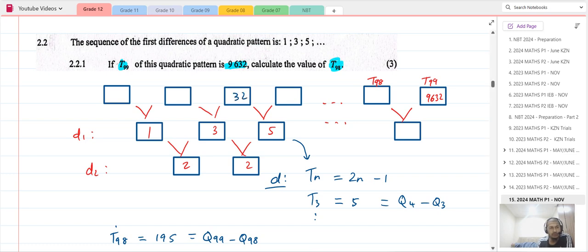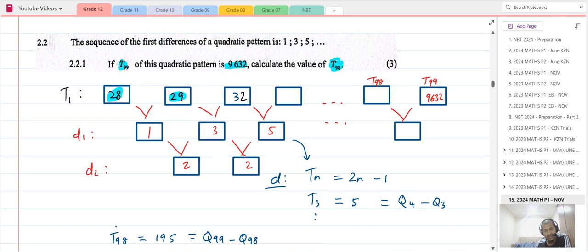Obviously if the third term of the pattern is 32, then we can get this term here, which is 29. 29 plus 3 is 32, and then we can recover the first term, which is 28.